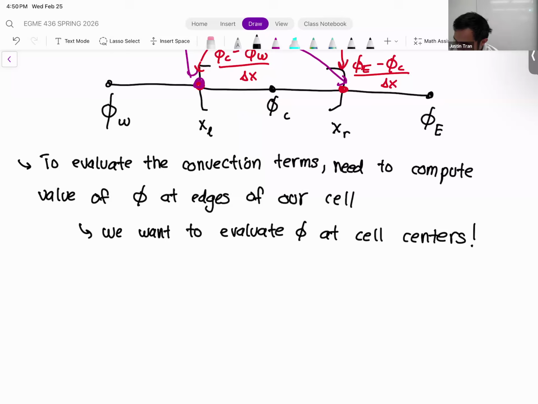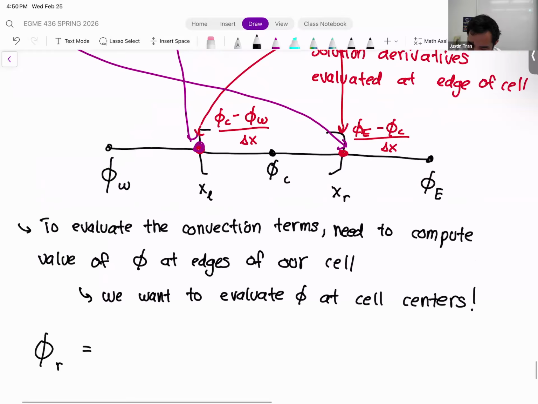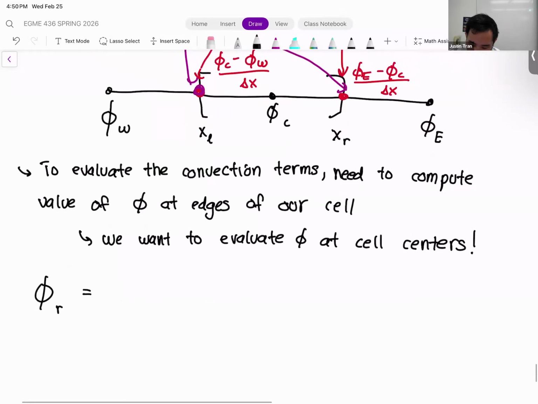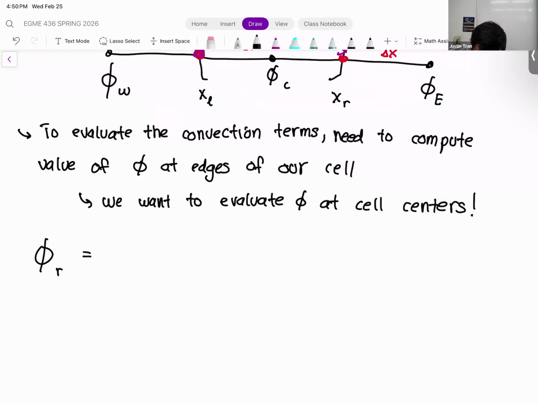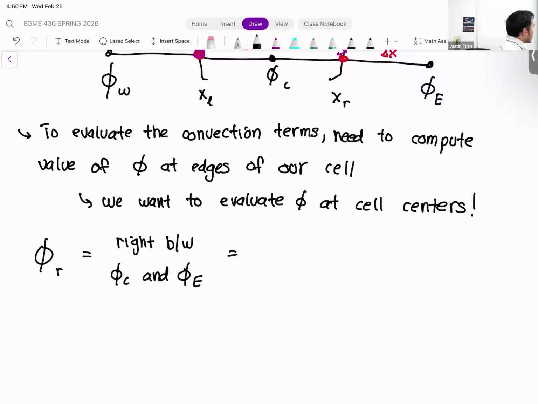So first thing we'll do, let's do the right-hand side. Essentially we have phi sub r. Phi sub r here is right in between phi sub c and phi sub big E. The simplest thing we can do is assume that the value of phi just varies linearly from our cell-centered value to our east neighbor.